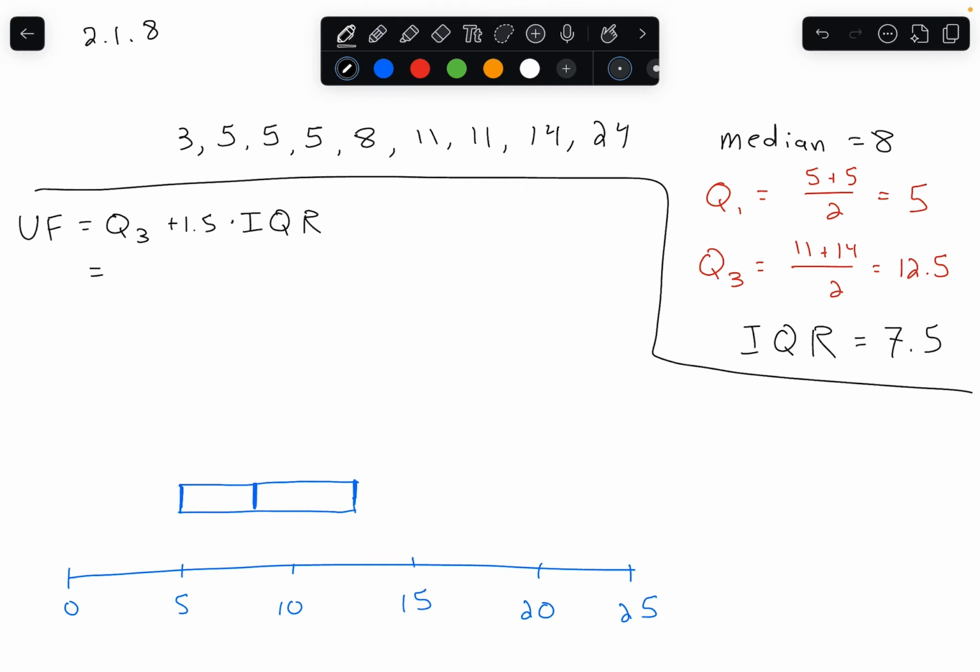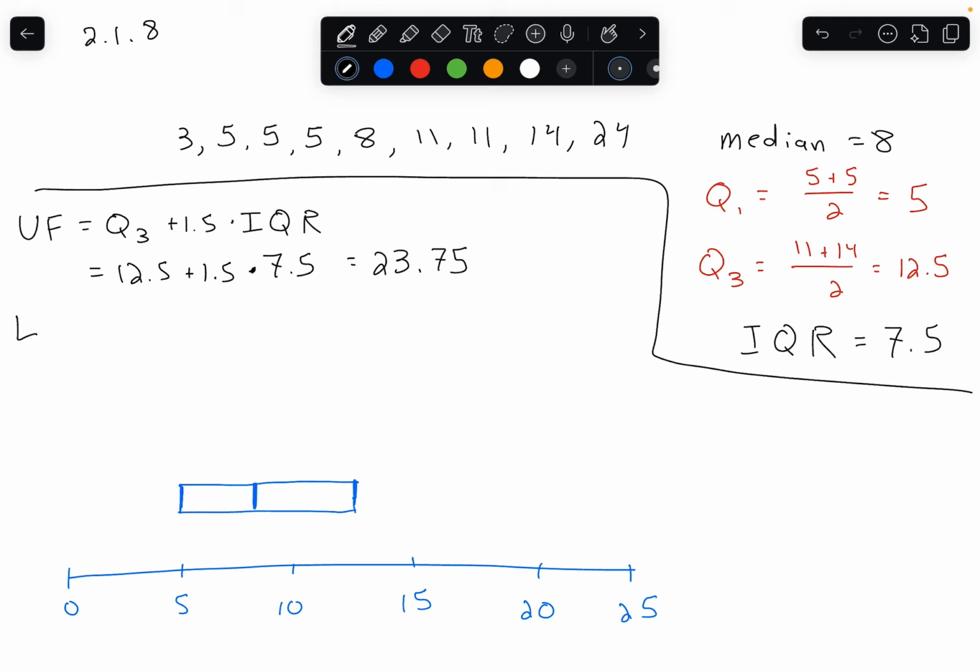So our Q3 we said was 12.5, plus 1.5 times my IQR, which we said was 7.5. So I'm going to go ahead and multiply these out. I have 12.5 plus 1.5 times 7.5, which should give me 23.75. I'm going to hold on to that number just for right now.